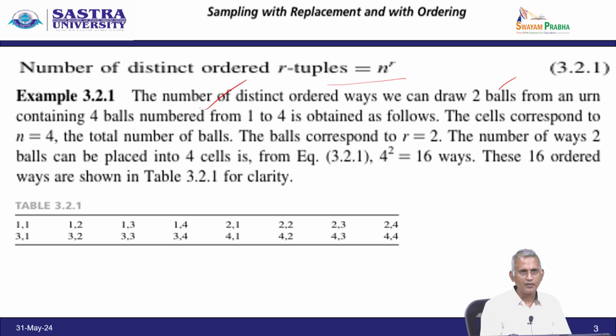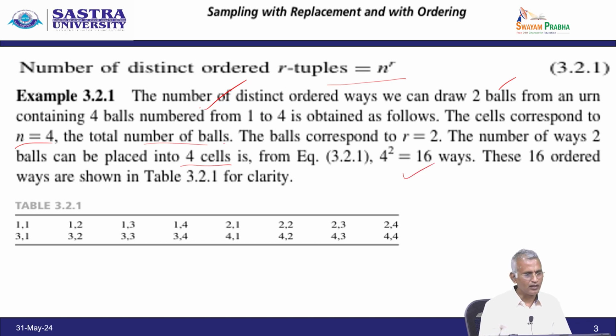The cells correspond to n equal to 4, the total number of balls. The balls correspond to r equal to 2, the number of ways 2 balls can be placed in 4 cells. Therefore, here r equals 2 and n is 4, and then 4 square, which is equal to 16 ways.